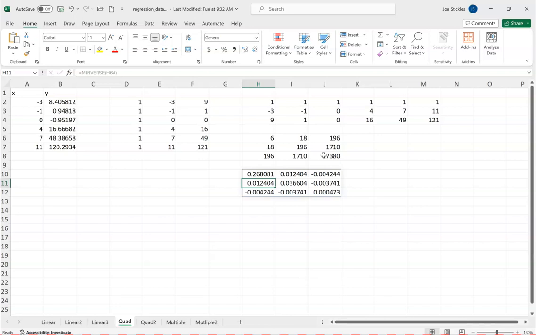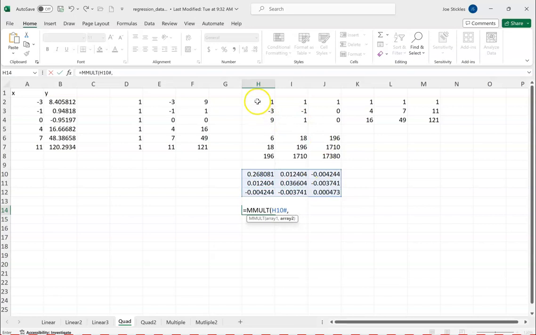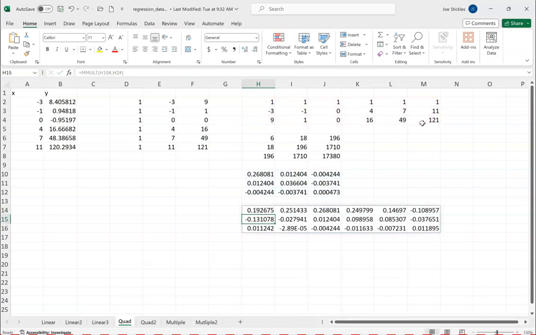What's next? Good. Multiply the inverse, which is this one, times the transpose, which is way back up here again, right? So inverse times transpose. And then finally, the very end here, what do we do?